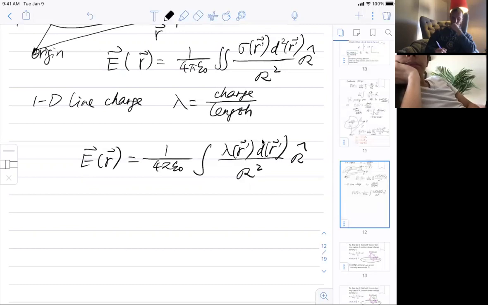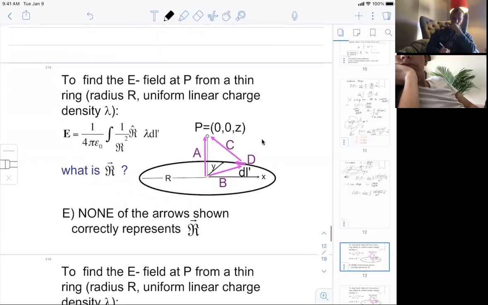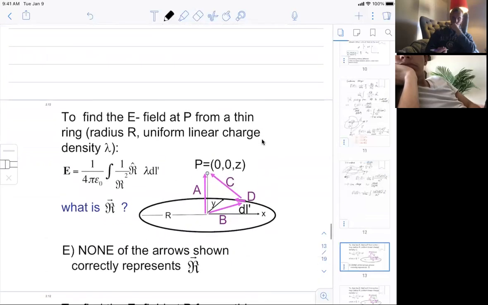Let's take a look at one question just to give us an idea how to set it up. The difficulty in a lot of these calculations is to find curly R. So I'm going to give you one question and see if we know how to find this curly R vector. If I give you a ring, you have a line charge density in a circle, that's a ring.